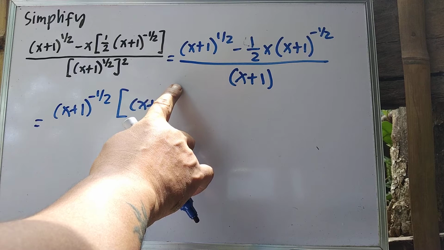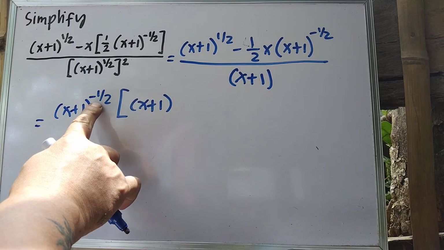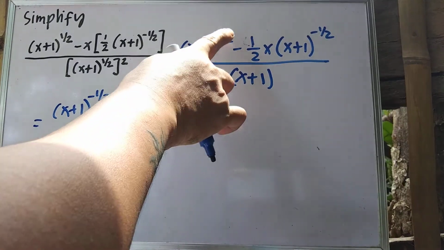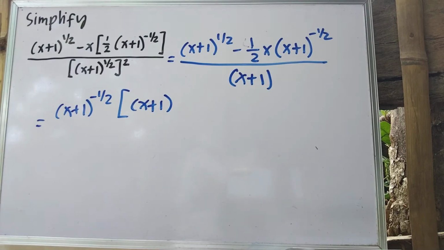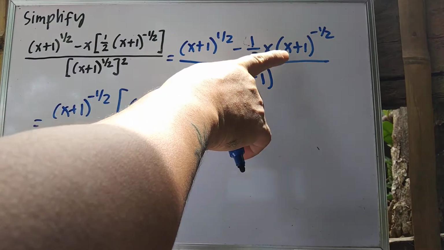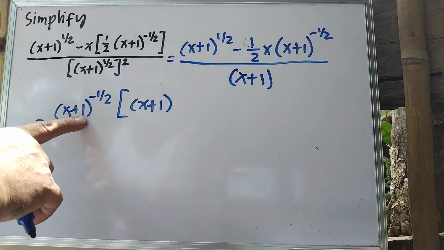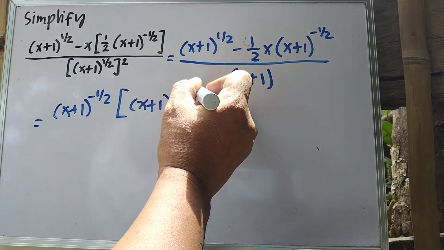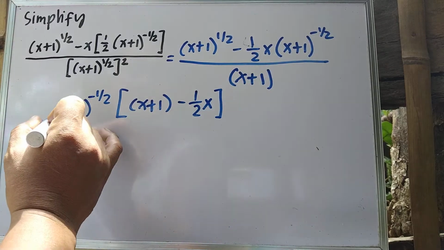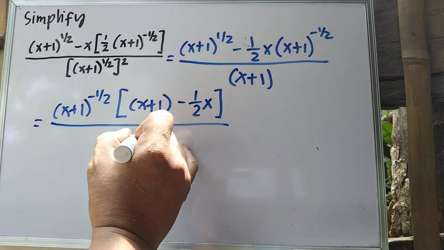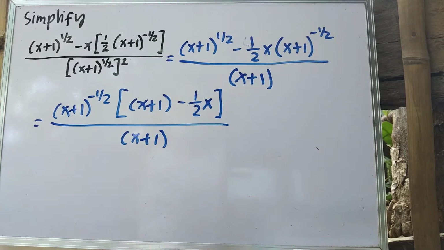There is an exponent of 1 here, so negative 1 half plus 1 is positive 1 half. Correct? Okay. So what will be left here if we take this one out? So minus 1 half x only. Correct? Then, we copy x plus 1.